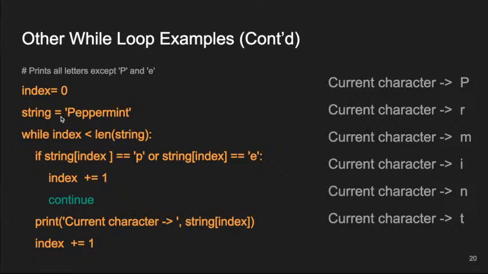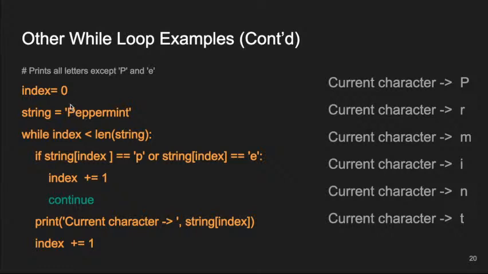In this case we have index. We start index at 0. Just like how your list had indices from 0 to n minus 1, where n is the length of the list, the same thing applies to your string.